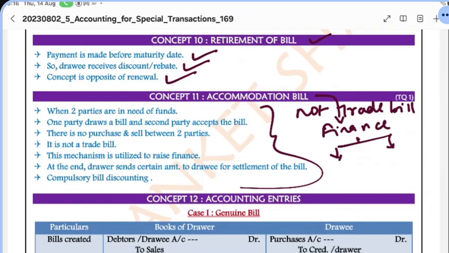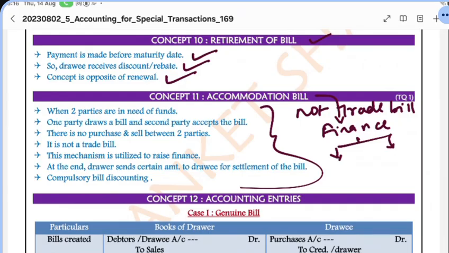I discount that with the bank. I may get less than 3 lakh rupees. Whatever amount I receive will be divided in the ratio 2:1. Approximately, I get 2 lakh and he will get 1 lakh.